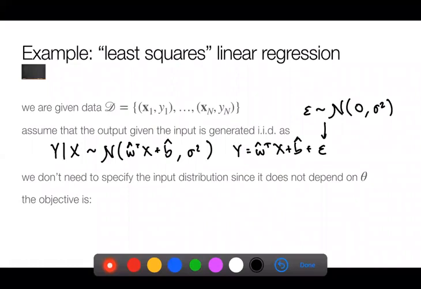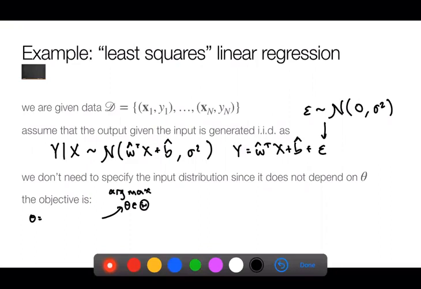Then what we end up getting is the following objective: argmax over my theta, and I'll write again, theta inside capital Theta. But what is theta here? Theta here are the parameters of my linear function that I'm trying to learn.